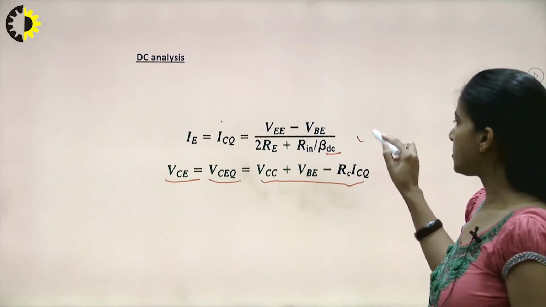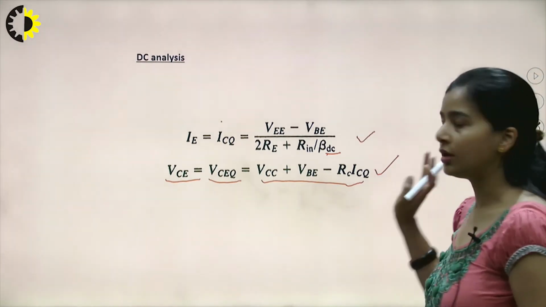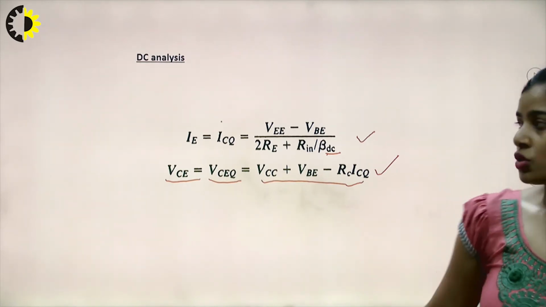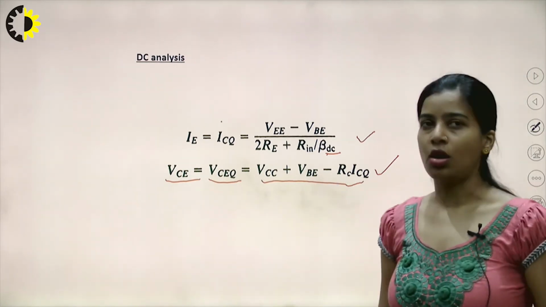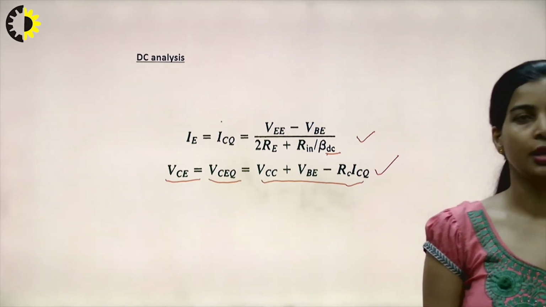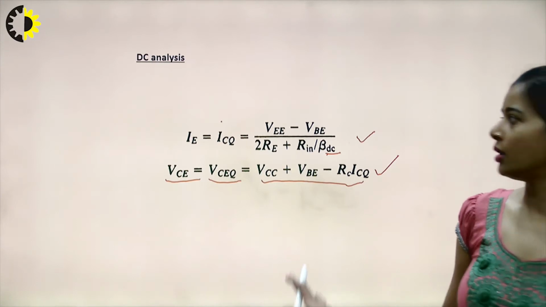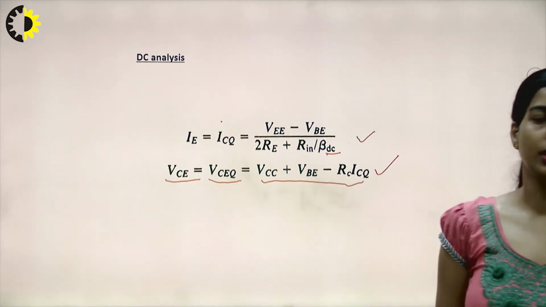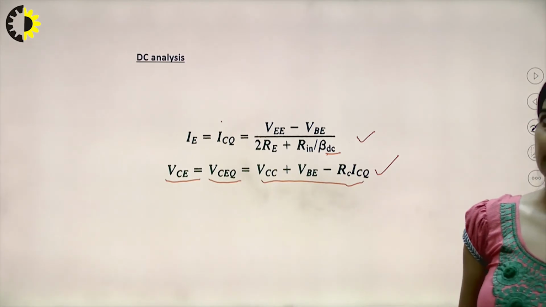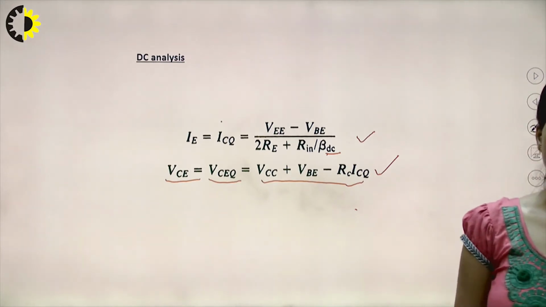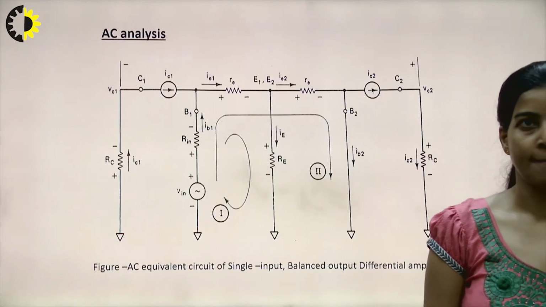So these two expressions and their way of calculating are exactly the same. For the detailed DC analysis of single input balanced output configuration, you can refer to the previous configuration, that is dual input balanced output configuration. All the steps and procedure are the same for this configuration also.